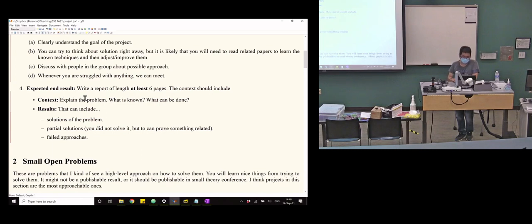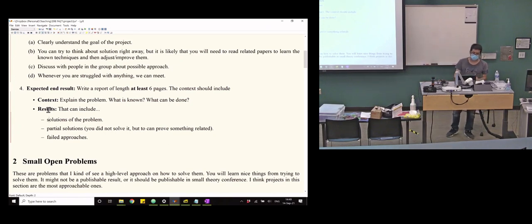So what we need to do in the report, you need to explain the problem, what is known about the problem, and what the goal is. And then you need to write down the solution of the open problem that you look at, but it might not be a solution.